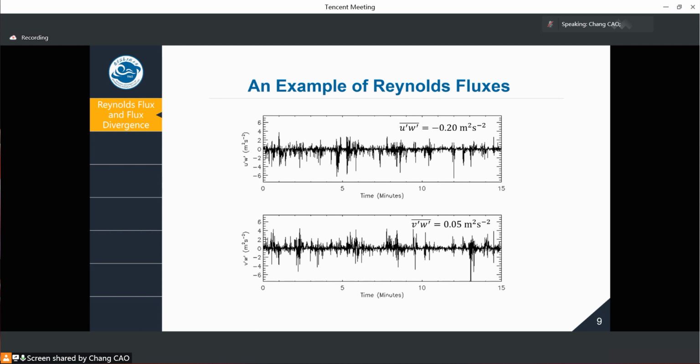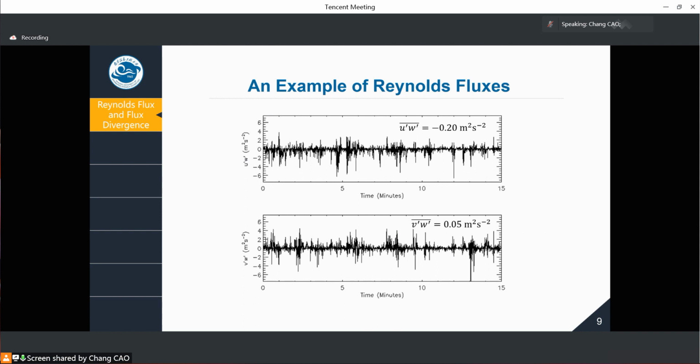And V prime W prime is really a little positive value. This is also typical of the boundary layer because the mean wind U is positive, and the physical reason for this relation will be explained in our later lectures.